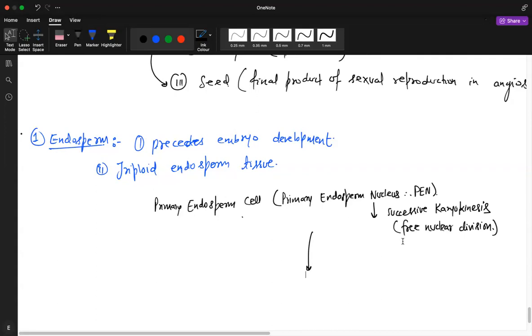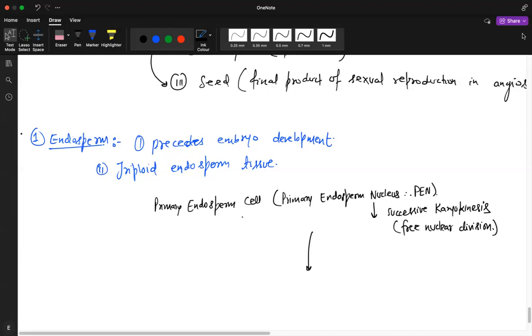But there are some plants in which this free endosperm nucleus or free nuclear endosperm stage is stalled. It is not followed by cytokinesis. So there is no cell. And all this nucleus just keep floating in a fluid medium.